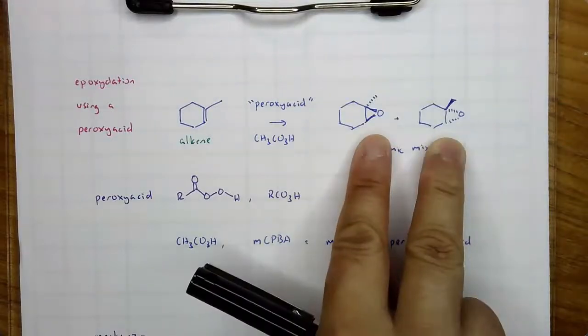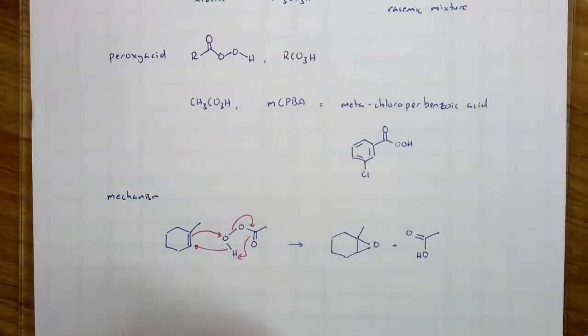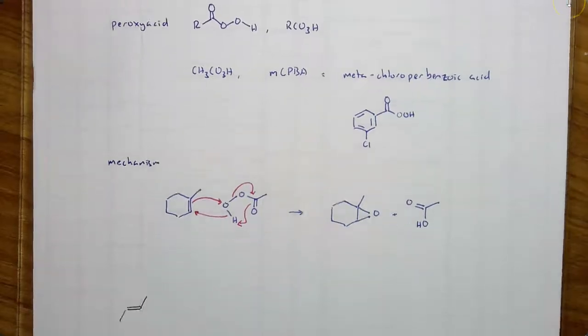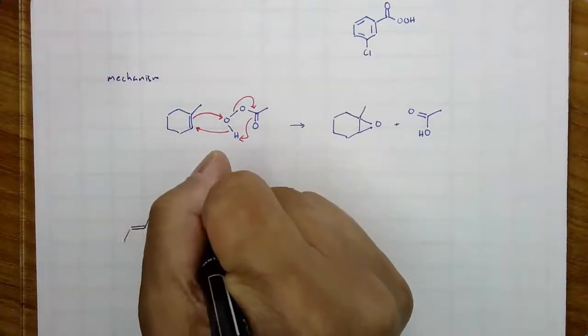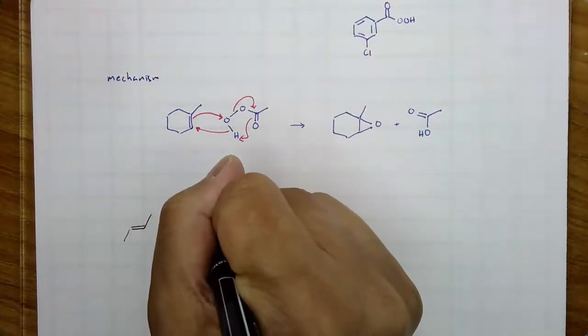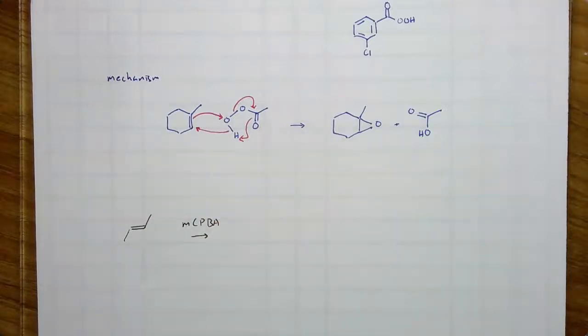Here we see an example of stereochemistry. But what if we draw the molecule like this? Like that. Okay? And then we do mCPBA. Is it really important how we draw wedges and dashes on this molecule? It is.